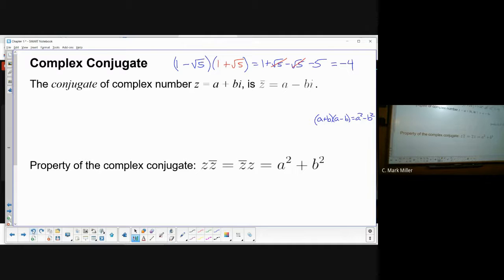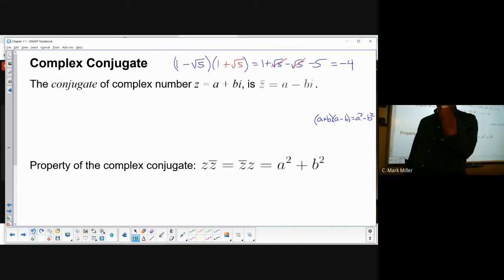Okay. Now, the advantage of a complex conjugate. If you have a complex number, a plus bi, just like here, if this was a negative, it turned positive. So the conjugate of a plus bi, written z with a bar on top, is a minus bi. You flip the sign of what's in the middle.